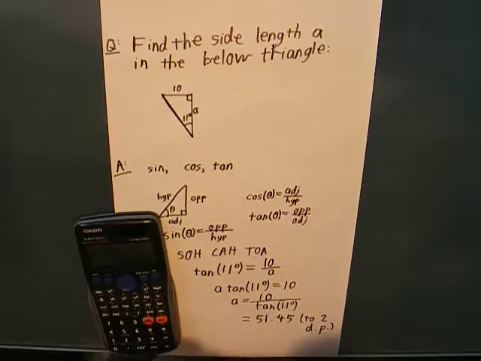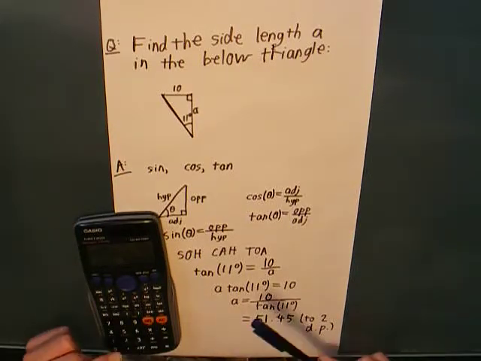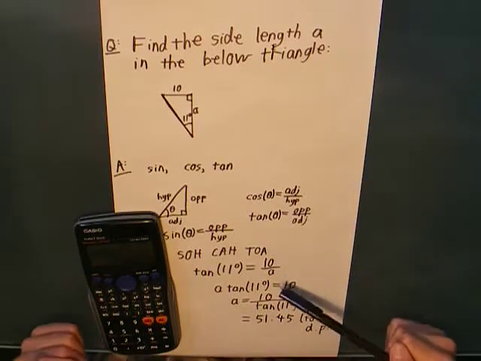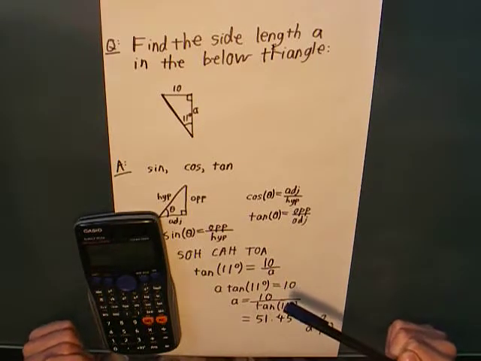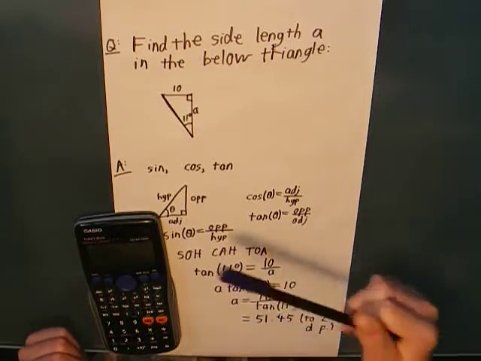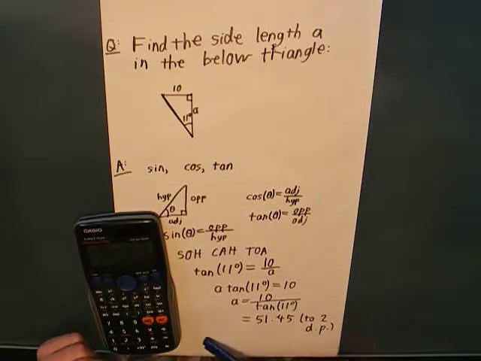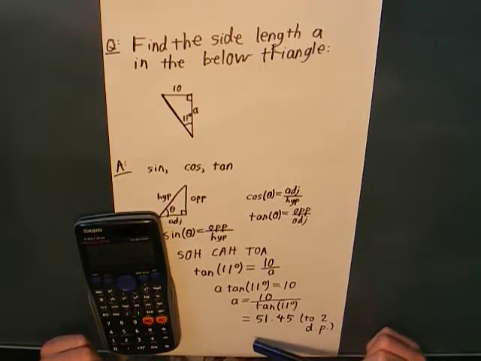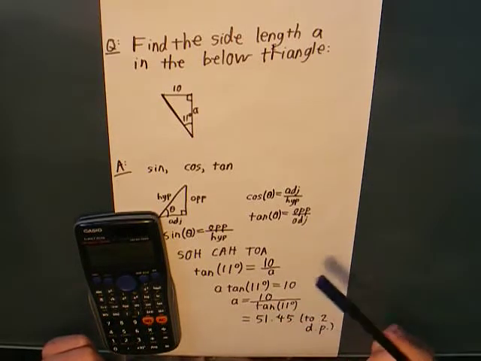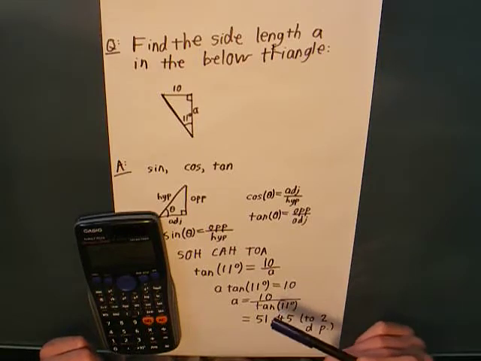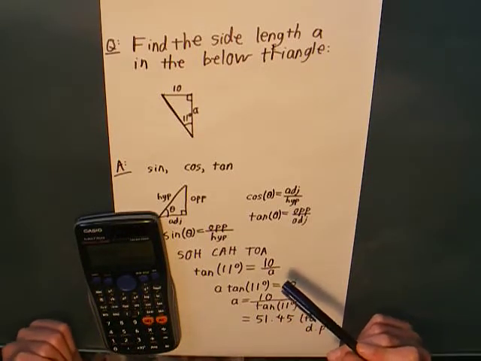Now, in your question, you may well be given a unit. Don't worry about units in these calculations. However, obviously this side length should have the same units. Say this was in meters, I would write out a conclusion and say the side length A is equal to 51.45 meters to 2 decimal places. Okay, so that was how to find an unknown side length in a right angled triangle. Thank you.